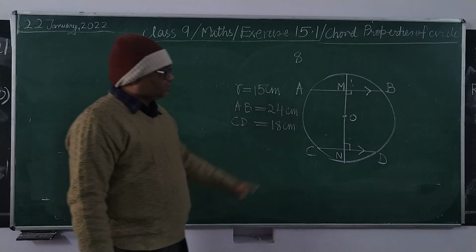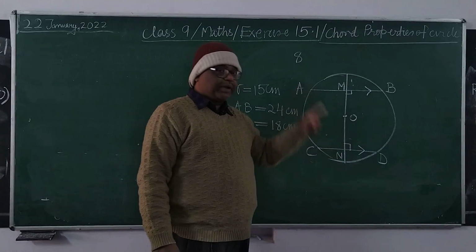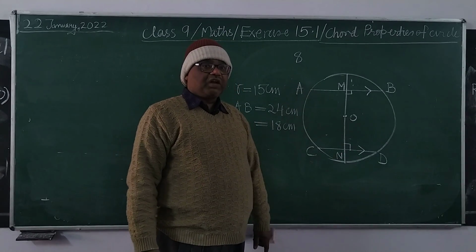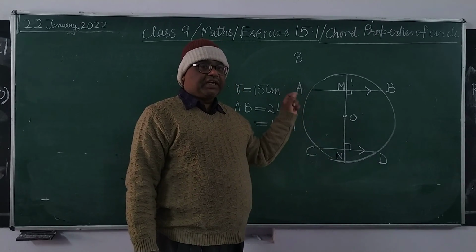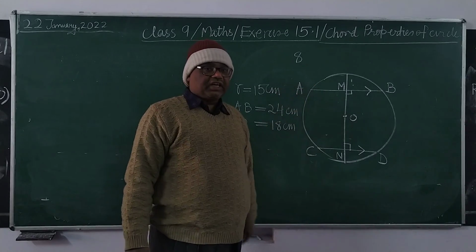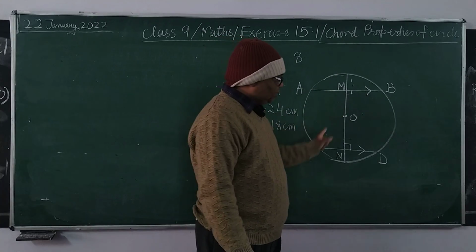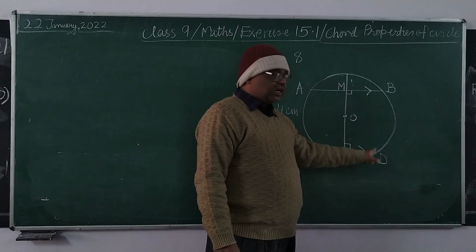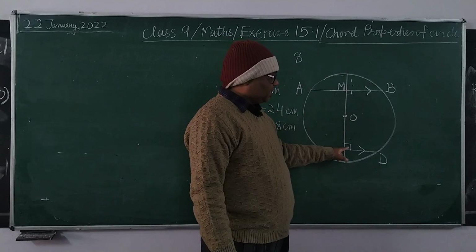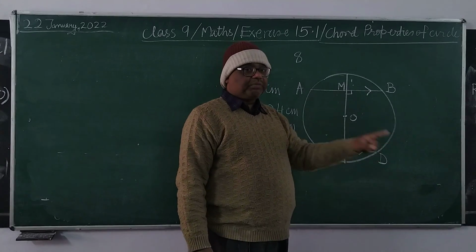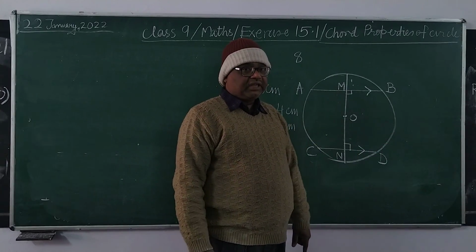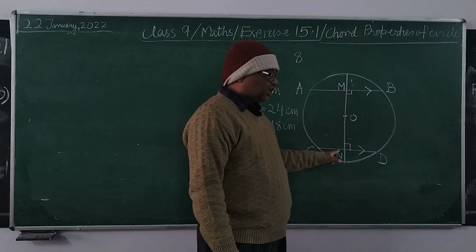You have to find the distance between the chords, that is MN. So first of all we will write that MON is a straight line.